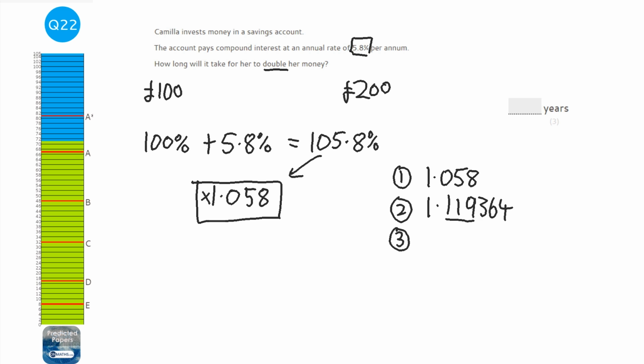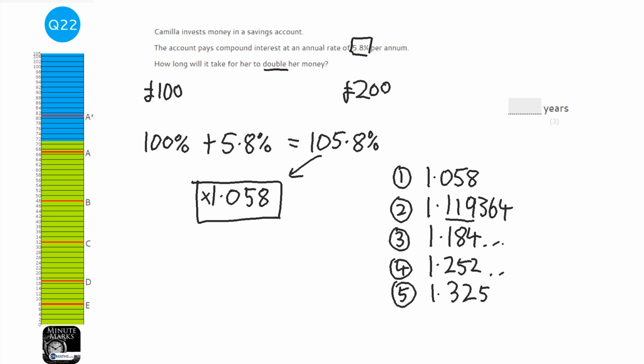So we keep going, and something you can do is press on the calculator answer times 1.058. And if you press equals, it will give you year 3, which is 1.184, blah blah blah. But all you need to do on the calculator is press equals again, and it will just do the times 1.058 to the previous number. So 1.252, so year 5, 1.325, blah blah blah. So it's going to take a while.